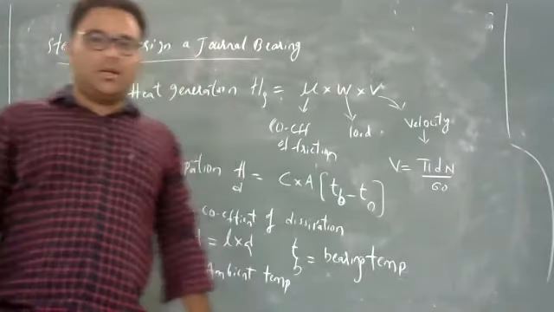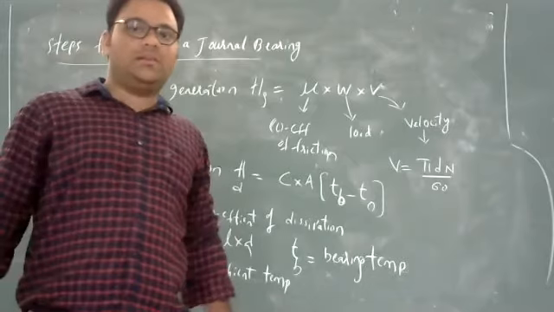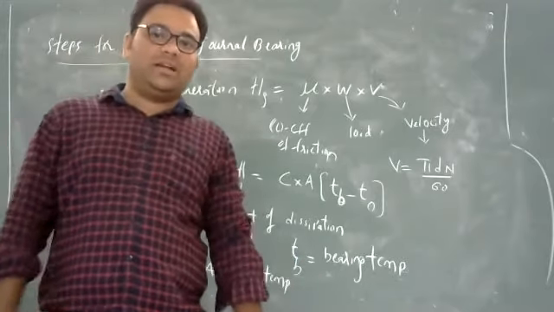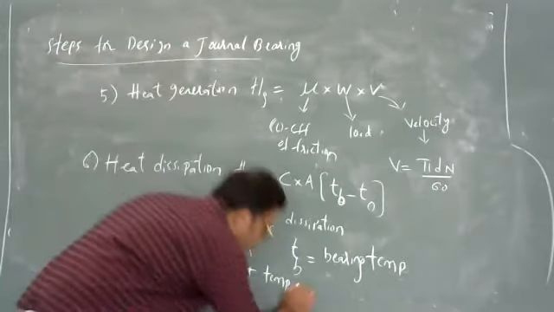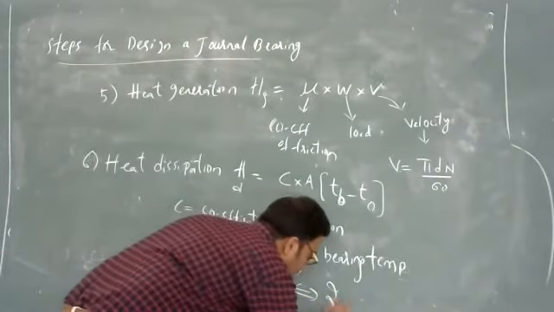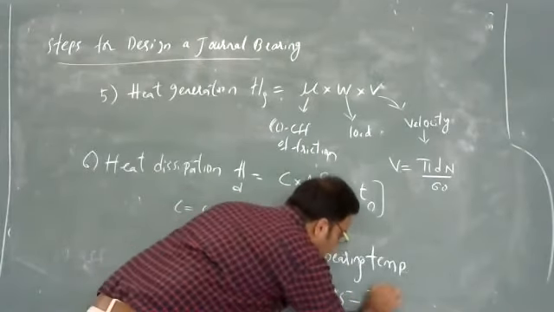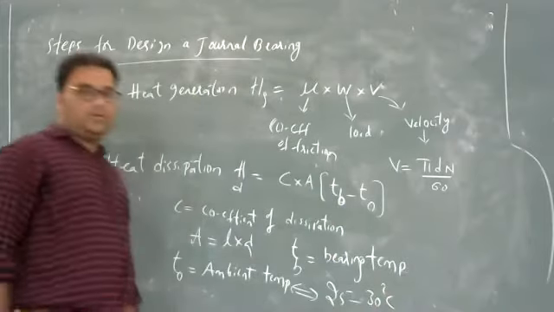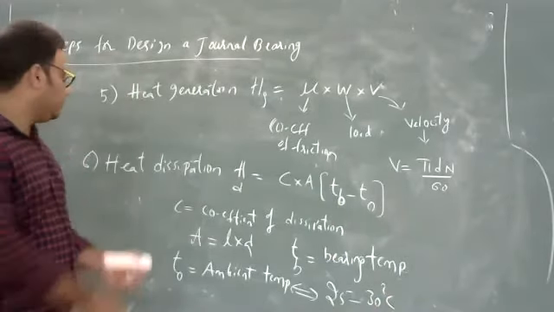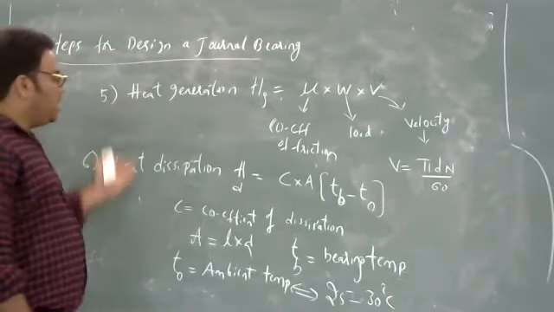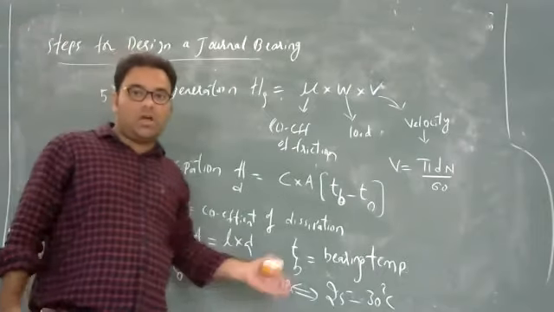If it is not mentioned in the design, generally we take around 25 to 30 degrees. So HD is given, and these are the things we require for designing the journal bearing.